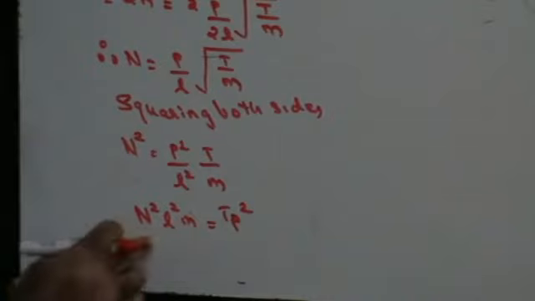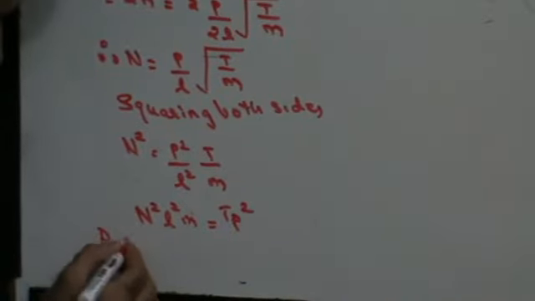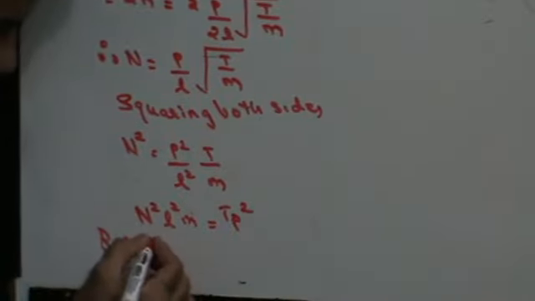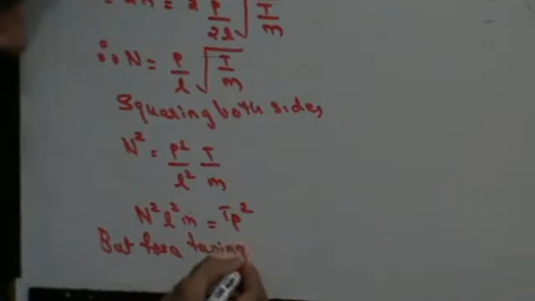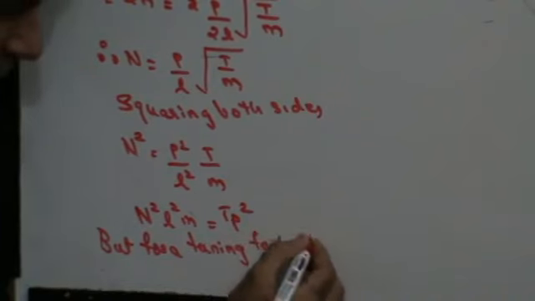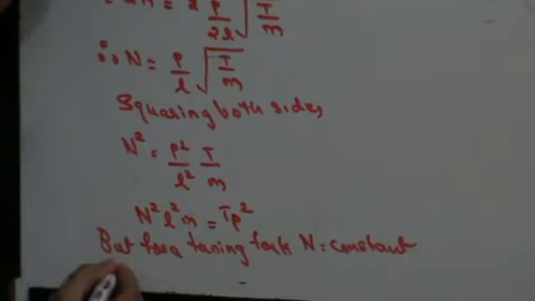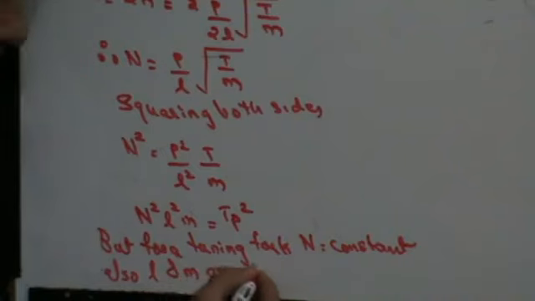Right? Now for a given tuning fork, the frequency of the tuning fork and the length of the string are constant, and n, l and m are constants.